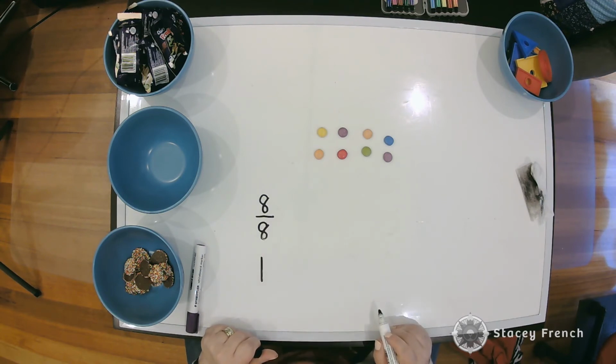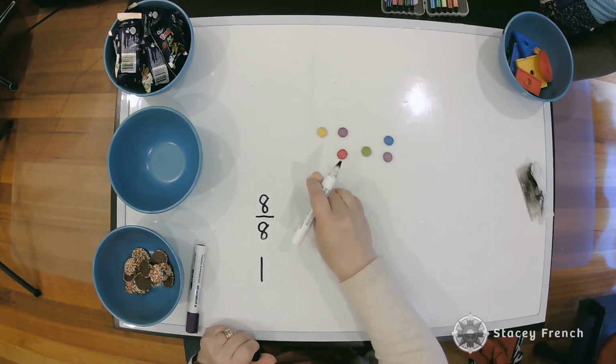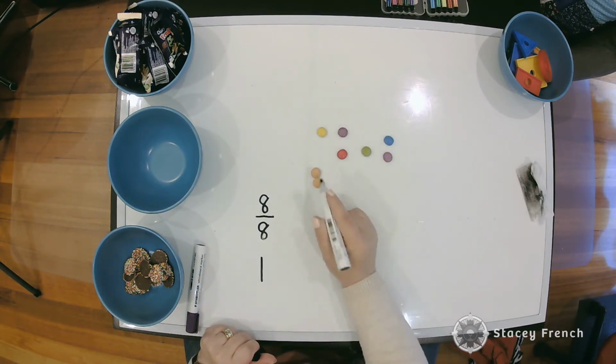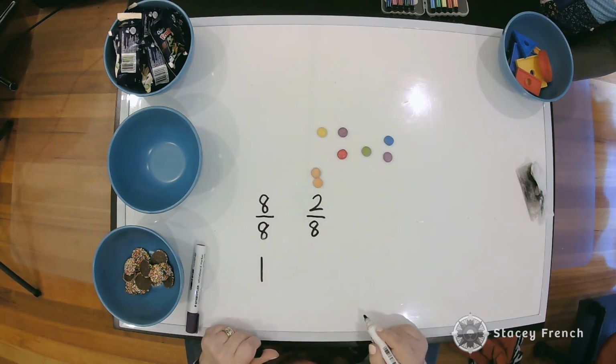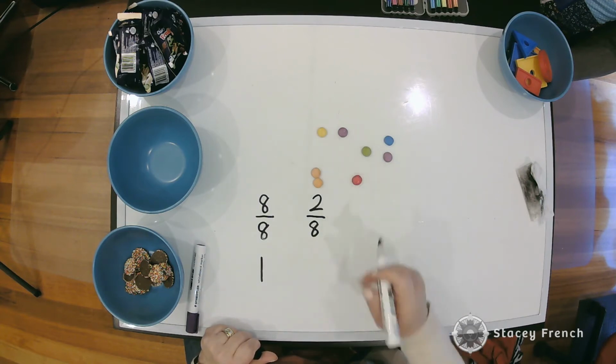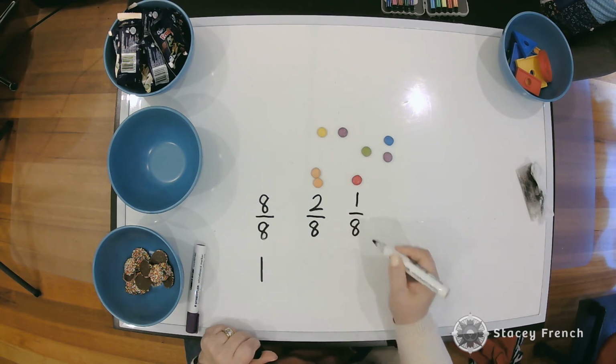What fraction of my Smarties are orange? 2 out of 8, 2 eighths. What fraction of my Smarties are red? 1 out of 8, 1 eighth.